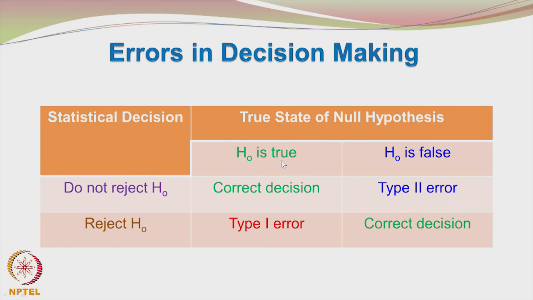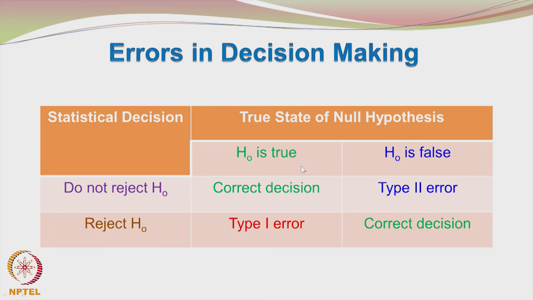The null hypothesis is true, null hypothesis is false. And the statistical decision may be either do not reject H naught. We are a bit careful. We do not accept H naught. We instead say that do not reject H naught. And the next one is a bit more unambiguous, reject H naught.